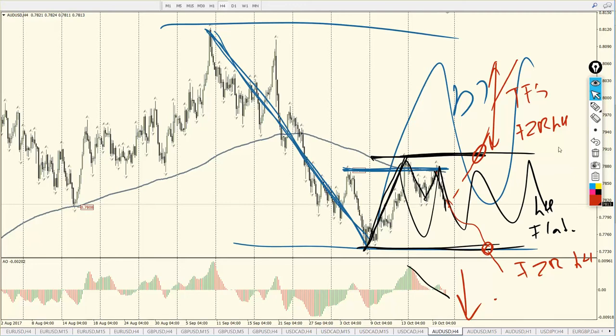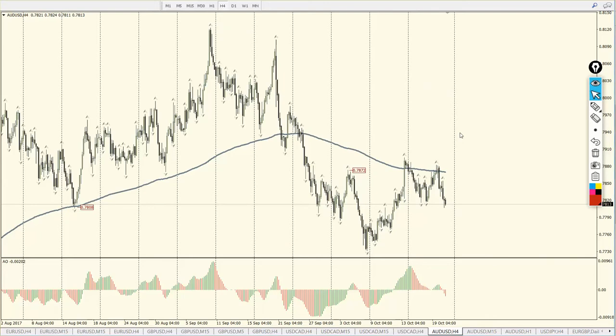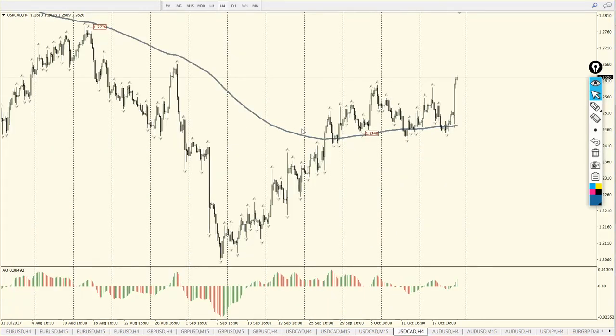Next pair is Canadian dollar against US dollar. If you were watching my last reviews, maybe 1, 2, 3, 4 reviews, there is no point for me to repeat again that an FZR of weekly time frame down is active at the moment.